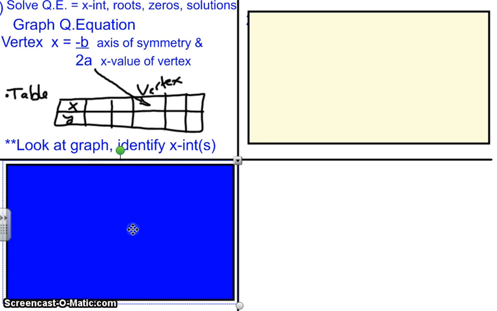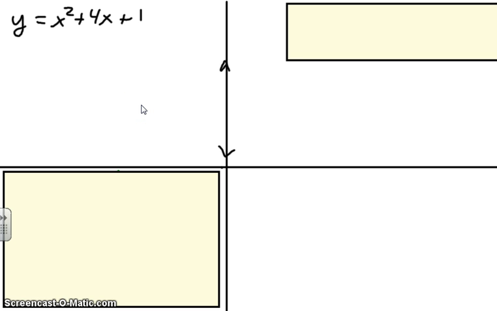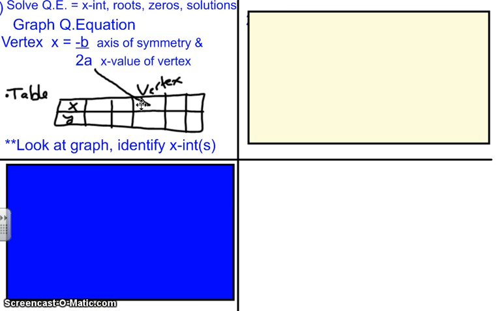We usually like to put the vertex in the center of the table so that we can find points that are equidistant to the left and to the right of the vertex, because they will have the same y values, right? And we ended up graphing this equation yesterday, and I'm not going to stop to do that today. So if you didn't do that, you'll need to make sure you complete that.